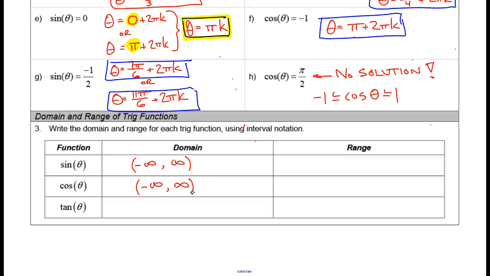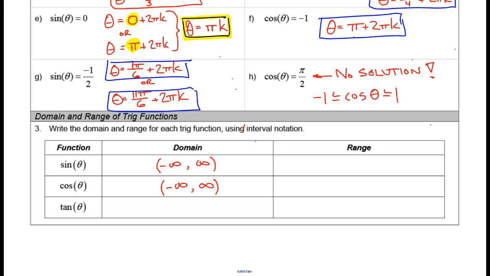Another way to think of that is, remember, on a unit circle, we can continue to rotate in the positive direction or the negative directions as much as we want and still find an x-coordinate and y-coordinate for a point on the unit circle. Therefore, the domain is unrestricted for both of these functions.